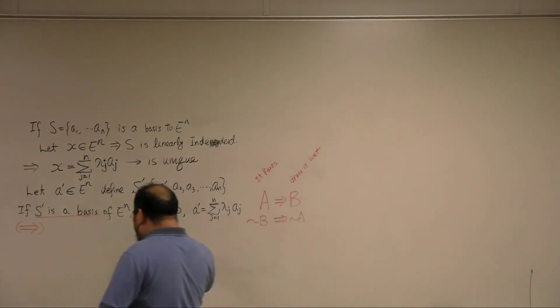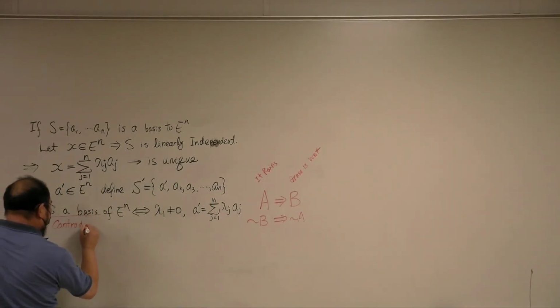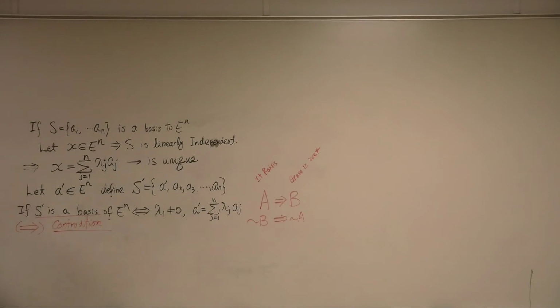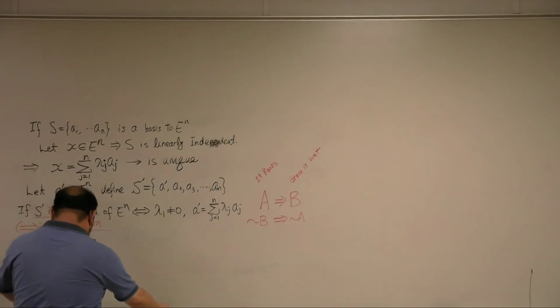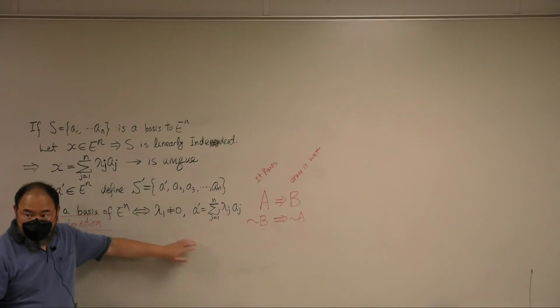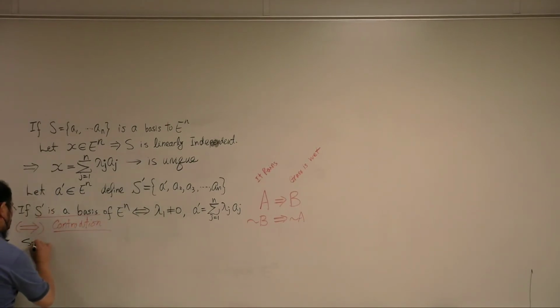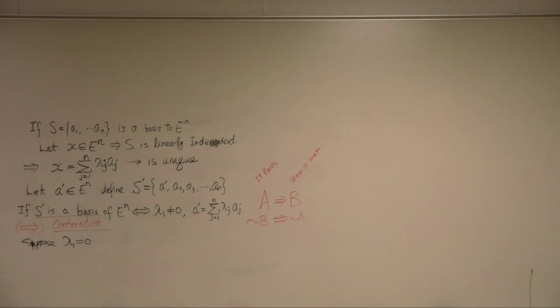So what I do is I'm using a contradiction approach. Contradiction approach, meaning I'm going to start with something called negative B. Negative B here is what? Suppose lambda 1 equals 0. How's that? Am I okay?